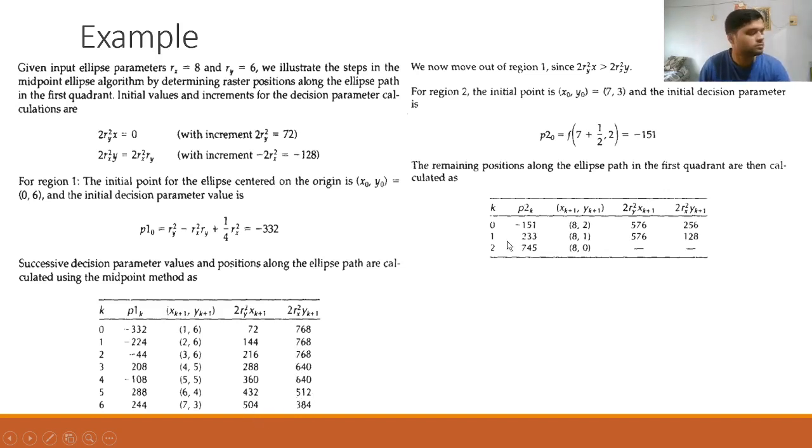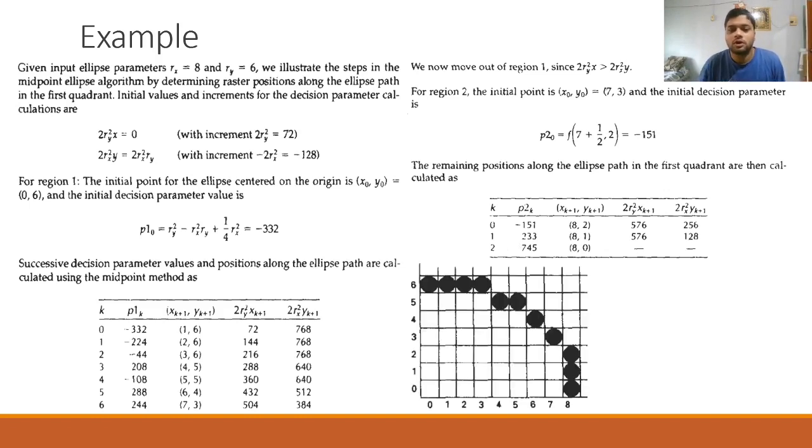Then we will draw the elliptical coordinates in this manner and plot the points. The first 7 points, starting from the first point 0 comma 6, then second, third, fourth, fifth, sixth, seventh, till this point we have plotted.